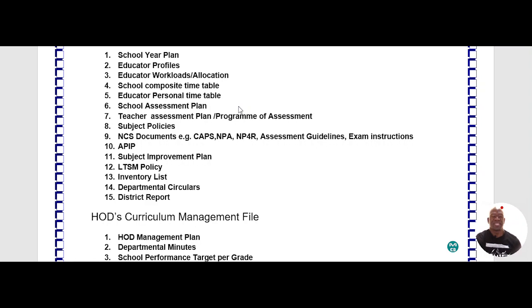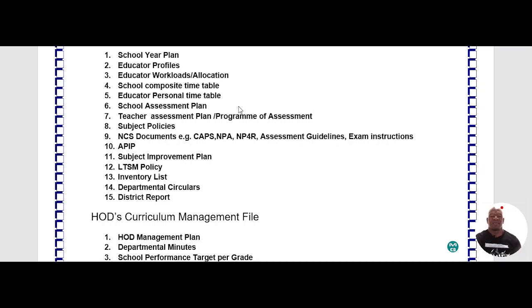We can have the subject name, the preamble, the legislative framework that guides that particular subject, and then what the subject indicates, maybe in terms of learner absenteeism, and then in terms of assessment. So that is the subject policy. All the subjects that are being led by the HOD should have their individual subject policy, so that whenever teachers are supposed to teach, they should be guided by the subject policy. Right? Thank you very much.